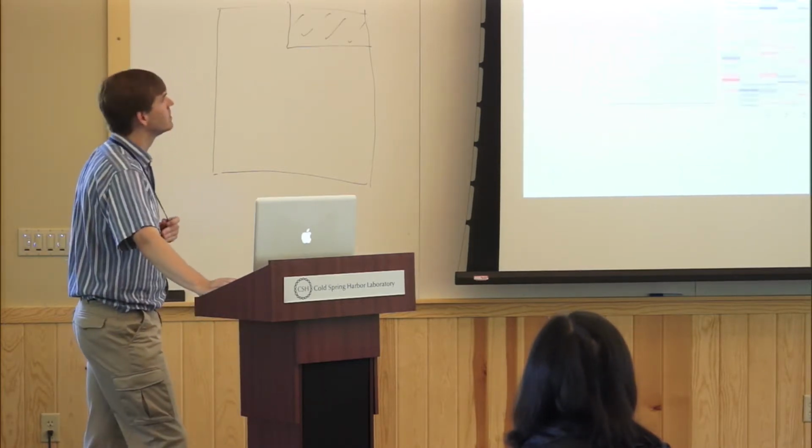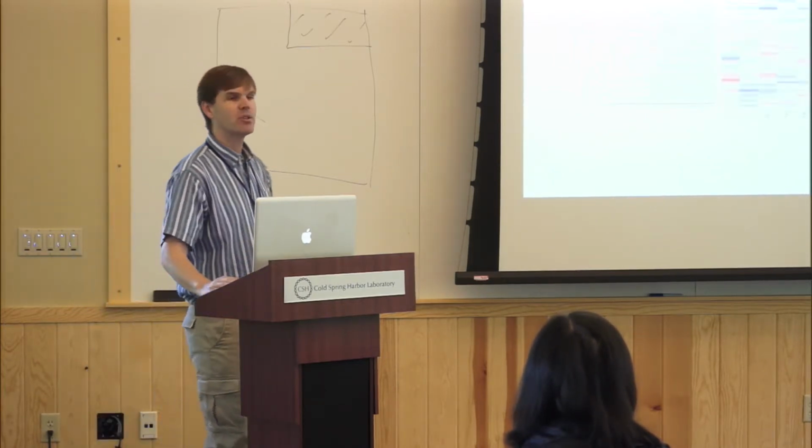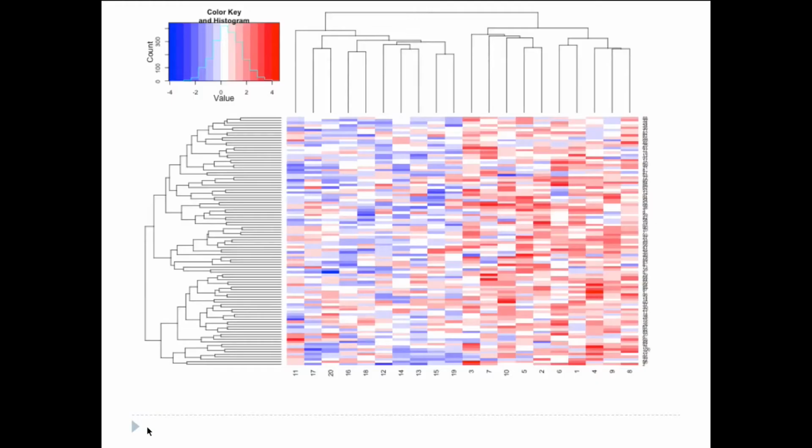So here, all I did was a supervised clustering. I took the first 100 genes and did a clustering, and now you can begin to see first that there are 2 clusters, and second that there is a subtle difference in gene expression measures.